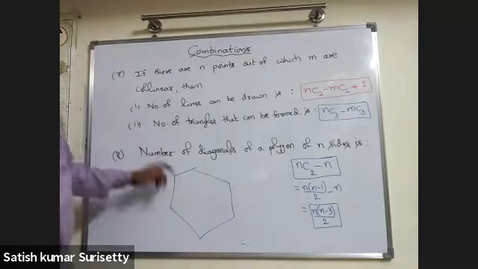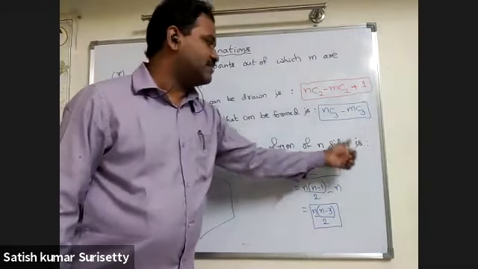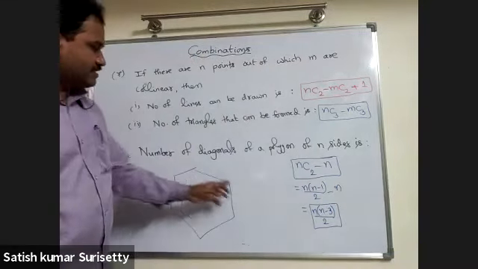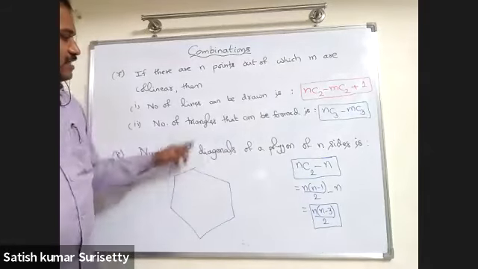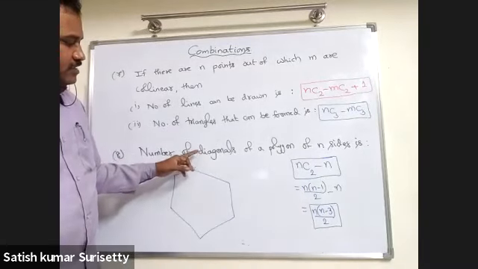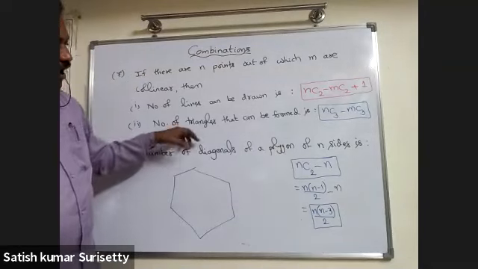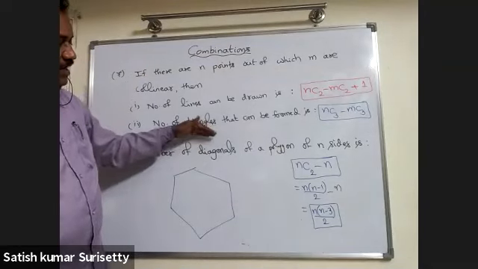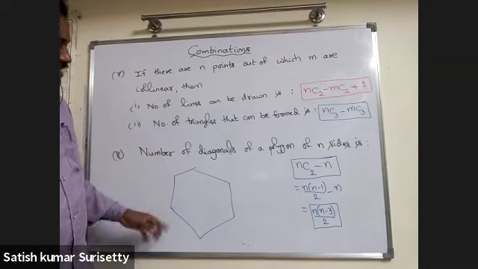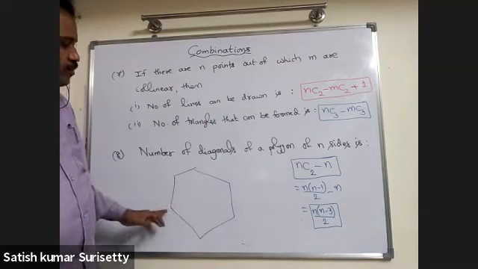Next, the number of diagonals of a polygon of n sides. That means you will have n vertices. The definition of a diagonal is a line segment joining non-consecutive vertices. Suppose I consider all the line segments, each line segment can be formed by joining 2 points.